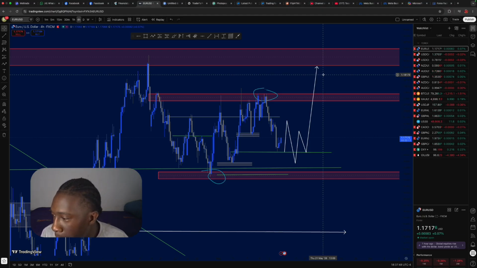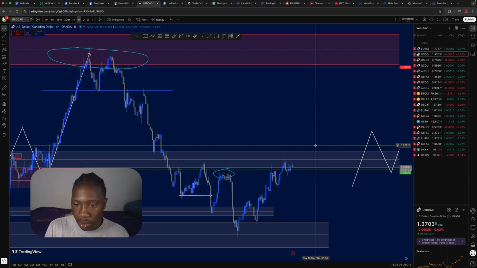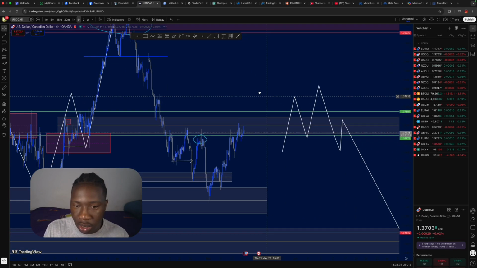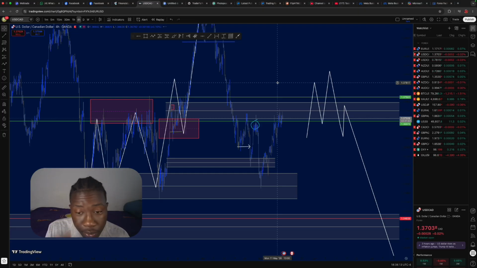So right now we are able to analyze the Euro USD, but we need also to see other currency pairs. So go to USD CAD. So this is USD CAD.